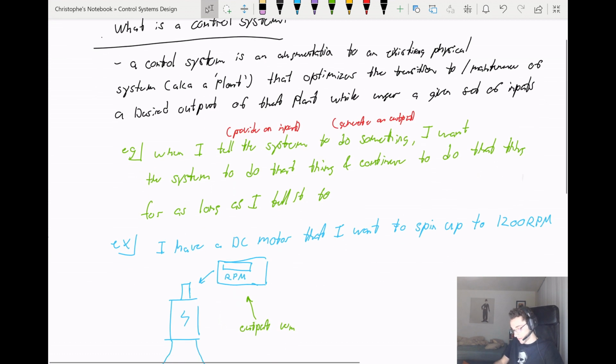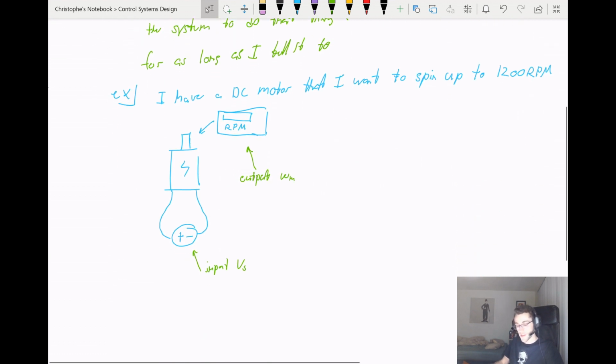So for example here, let's say we've just got a DC motor, no load on it, connected to a battery where we control the voltage, and I want it to spin up to 1,200 RPM. So our input is going to be the voltage right here.